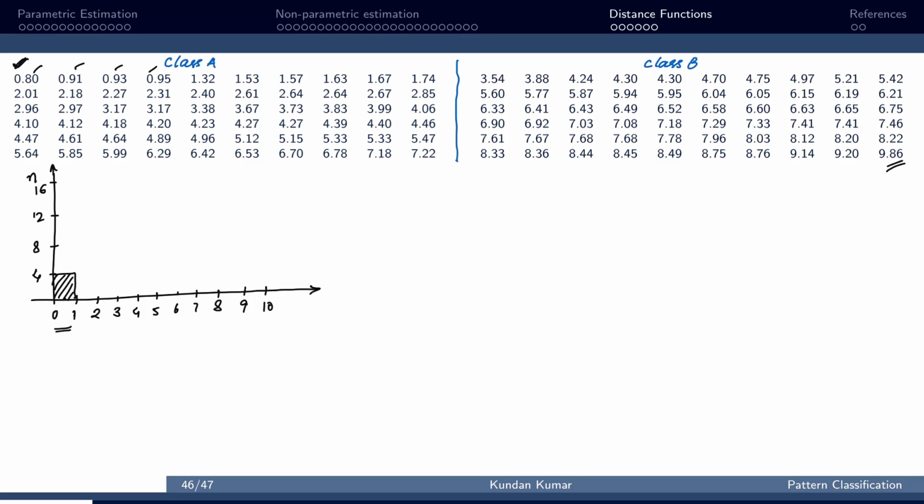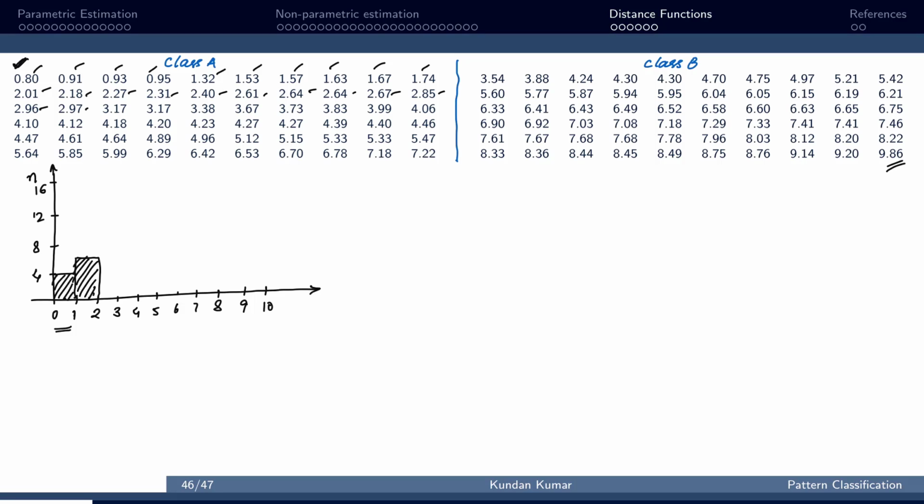Now the bin 1 to 2. Here we can count 1, 2, 3, 4, 5, 6. So 6 data samples in this bin. Similarly, we count the number of data samples in the bin from 2 to 3. Here 1, 2, 3, 4, 5, 6, 7, 8, 9, 10, 11, 12.